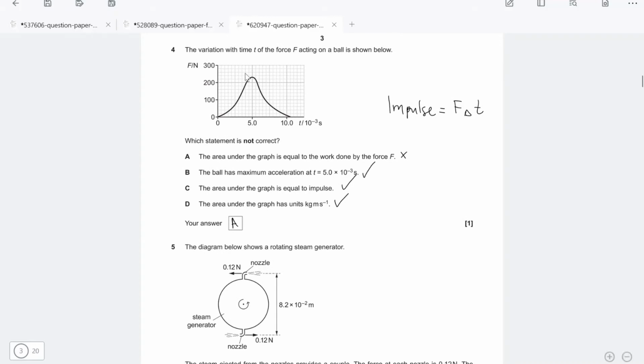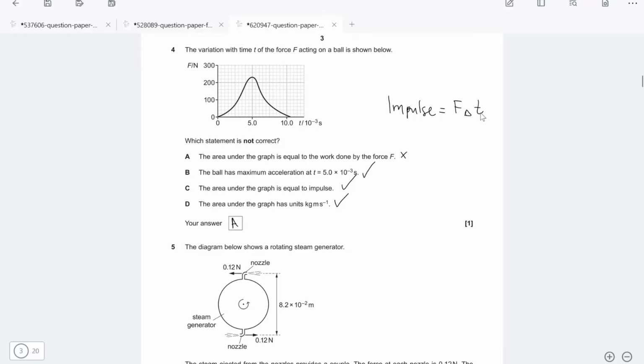Question 4, the variation with time t of the force acting on a ball is shown below. Which statement is not correct? The first one here, the area underneath the graph is equal to the work done by the force F. Well, this is, I'm afraid, incorrect. Remember, impulse is defined as the average force acting multiplied by the time.